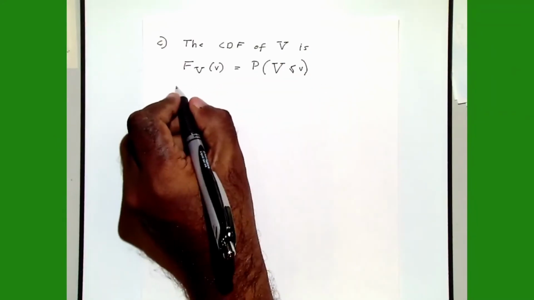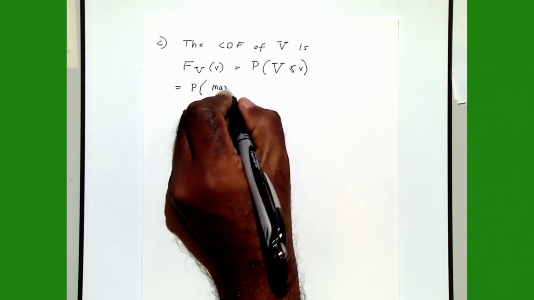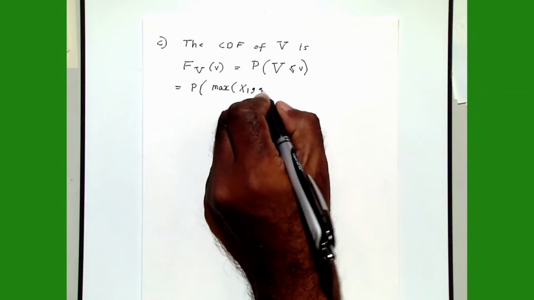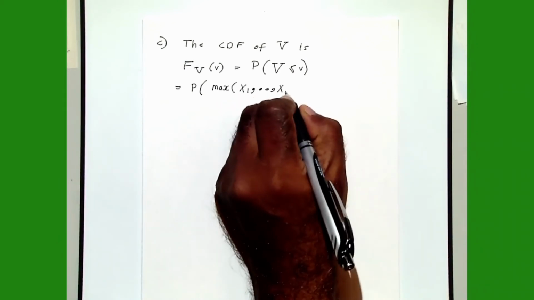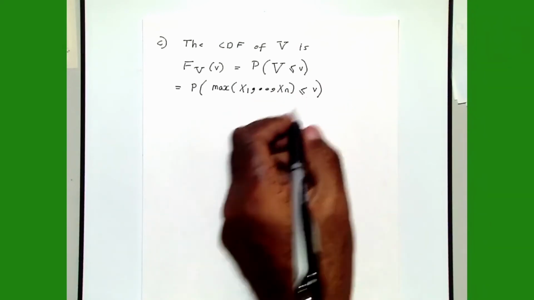And this you can write as the probability that the max of the n losses is less than or equal to V.